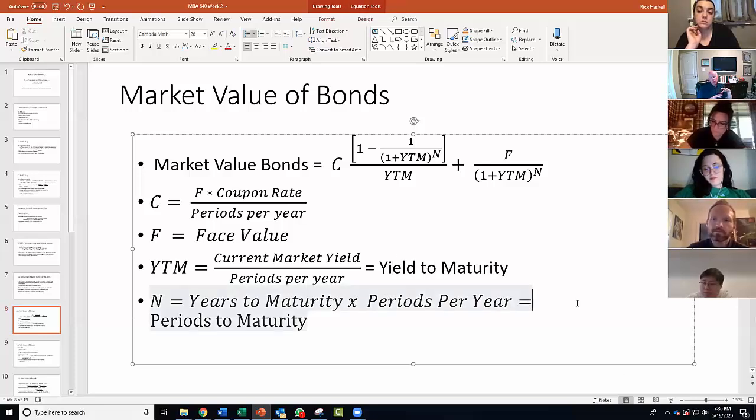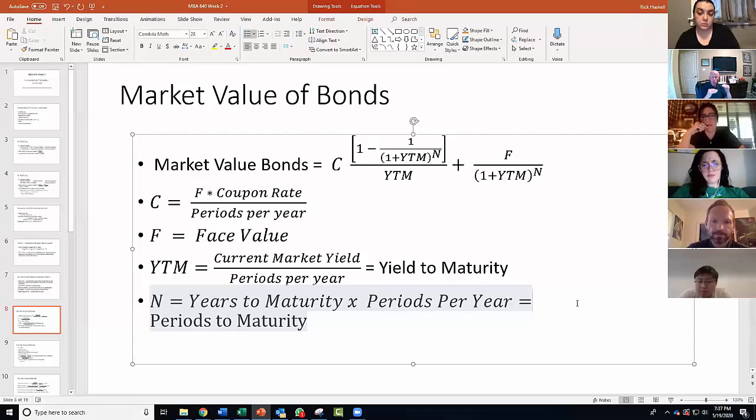So think about this. The current market yield, well, as we've been talking about something that was issued at 10% and now it pays 6%, what we're really saying is a type of bond that was issued at 10%, maybe 5 or 10 years ago, that same type of bond, if it were issued today, might pay 6% because interest rates have come down, okay?